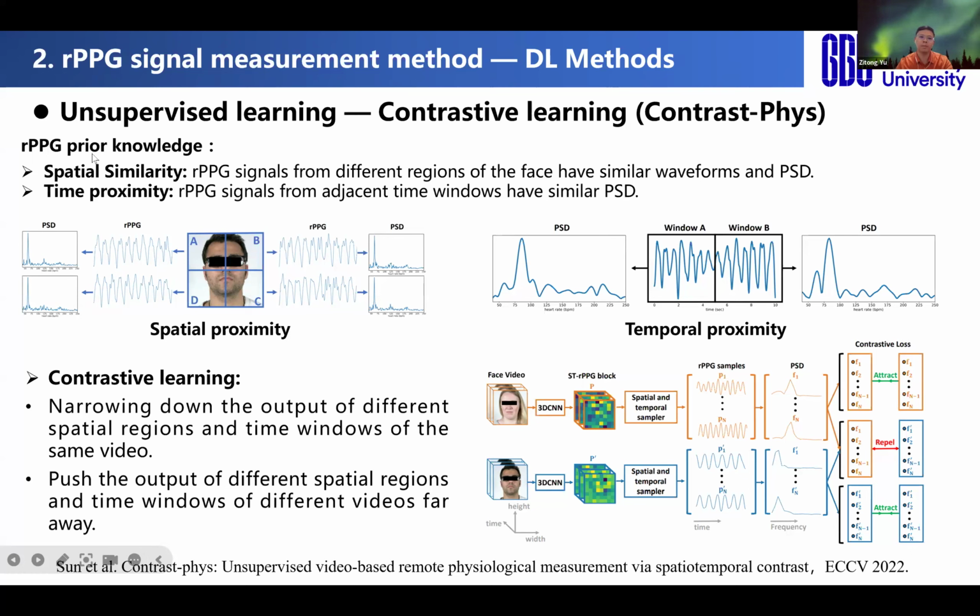They are based on two prior knowledge. One is spatial similarity. They assume that different facial regions will keep a similar PSD distribution. For example, they divide into A, B, C, D four regions. They assume that the RPG from these four regions will share a similar frequency distribution. Another one is temporal similarity.